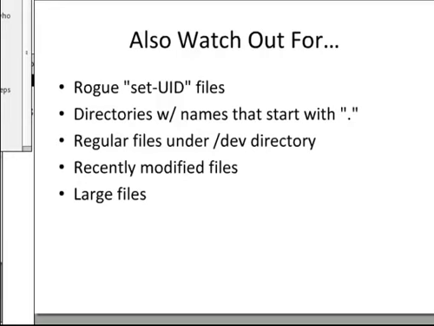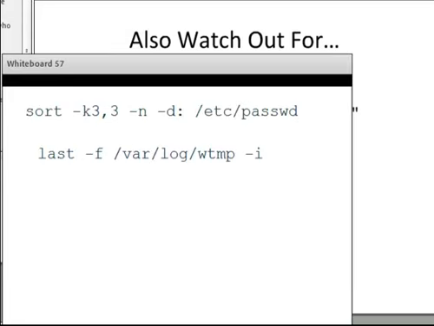Similarly, you'll see attackers putting rootkit files under /dev because it's a big, complicated directory. But most of the files under /dev are not regular files. They're device files, right? So you can just do a find under /dev looking for things that are regular files, and I can actually put that command up for you here as well, although it's on the cheat sheet. But this is just one of those standard commands that you end up memorizing if you do enough Linux analysis.